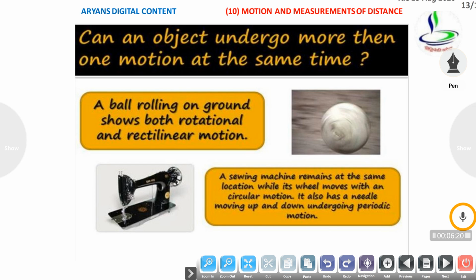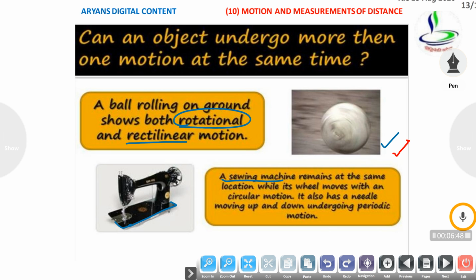Can an object undergo more than one motion at the same time? Does it happen? Let's discuss. A ball rolling on the ground shows both types of motion, rectilinear and rotational motion. A sewing machine remains at the same location.